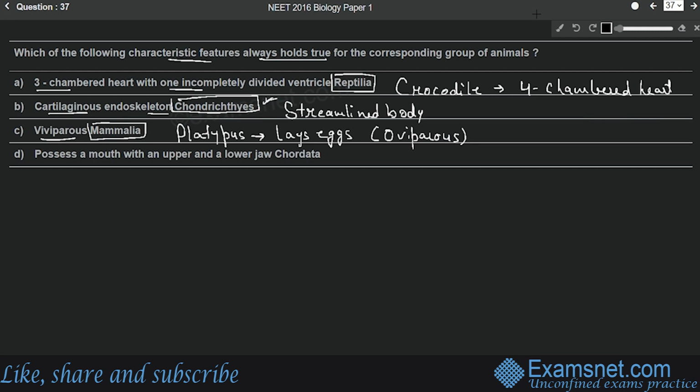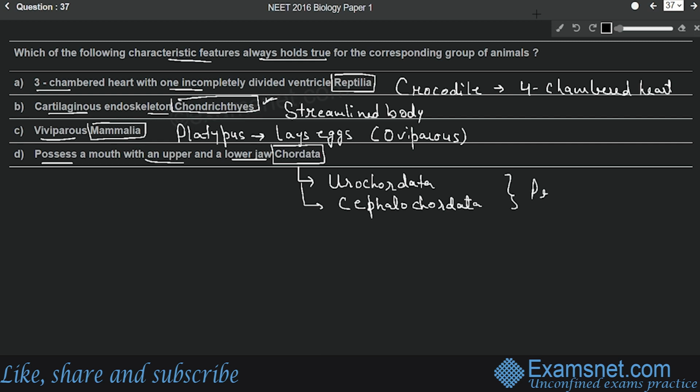Then the last one is possess a mouth with an upper and lower jaw, and that is a feature of Chordata. Now again, this is also not true, because we know that Chordata is divided into three subphylums. First one is Urochordata. Then we have Cephalochordata. These are together known as Protochordata.